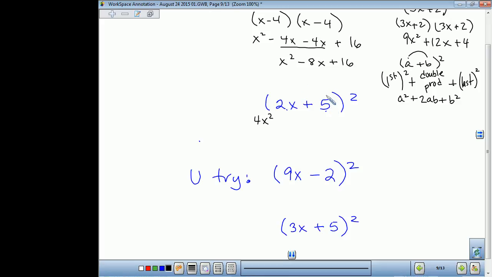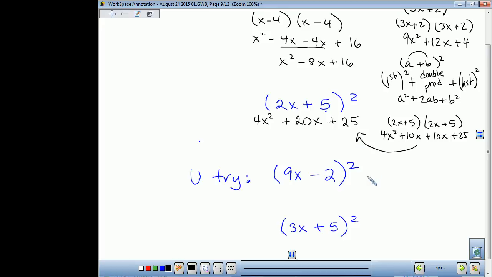That's 10x, isn't it? If I double that product, double 10x, I get 20x. And if I square the last one, 5 squared is 25. All right, let's just prove to ourselves that this works. Let's write it out twice. If we distribute, we get 4x squared plus 10x plus 10x plus 25. Does that simplify to the same thing?